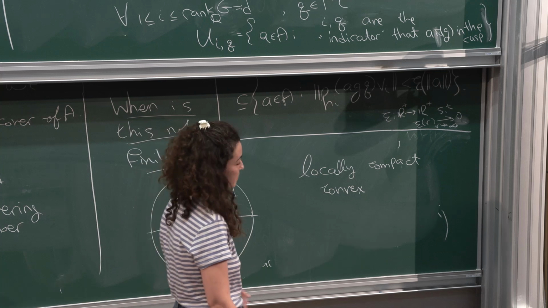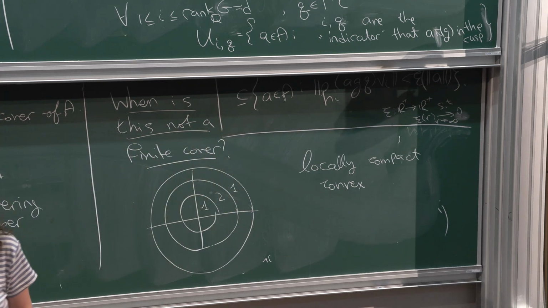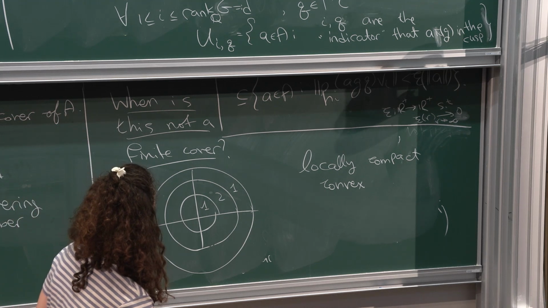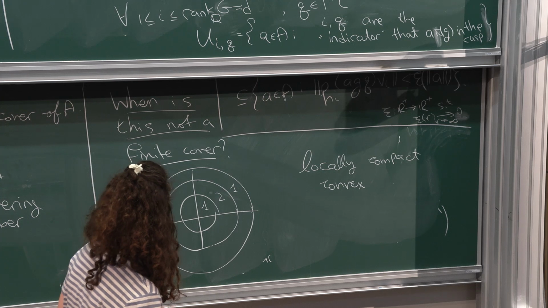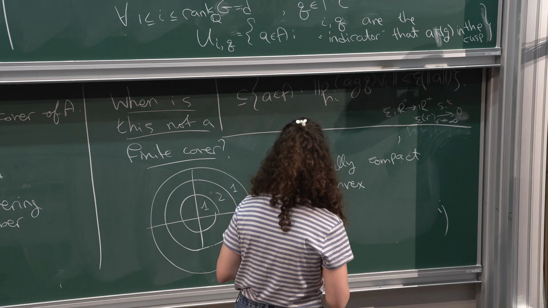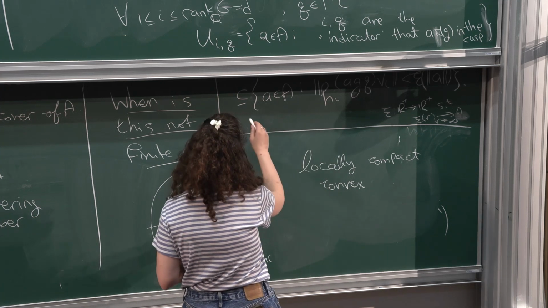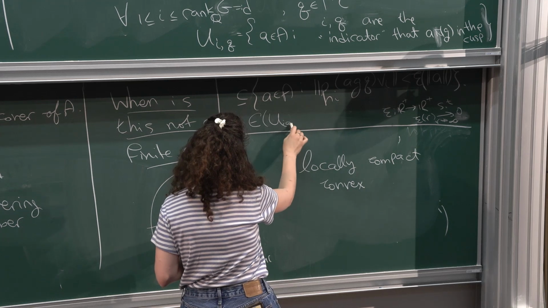And then it's also locally compact. So maybe let me say something. So what is locally compact and convex are these ones, these E_U, the bigger ones.